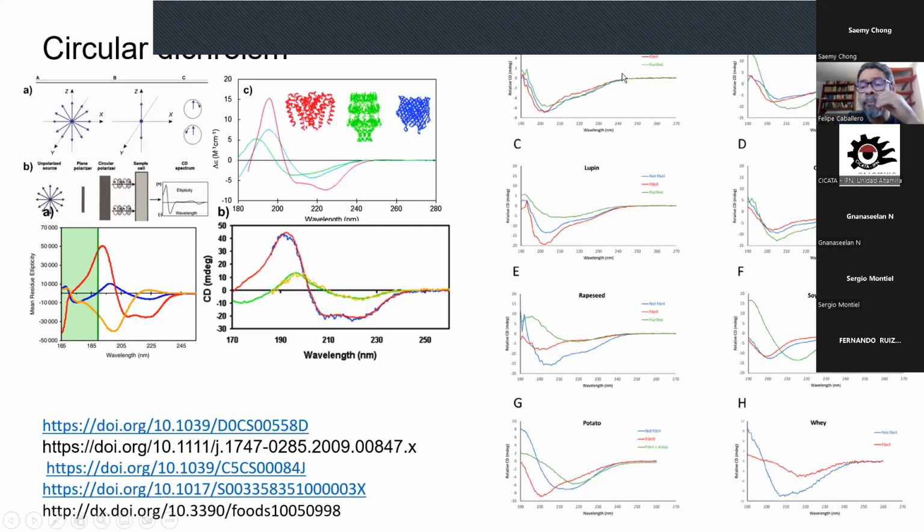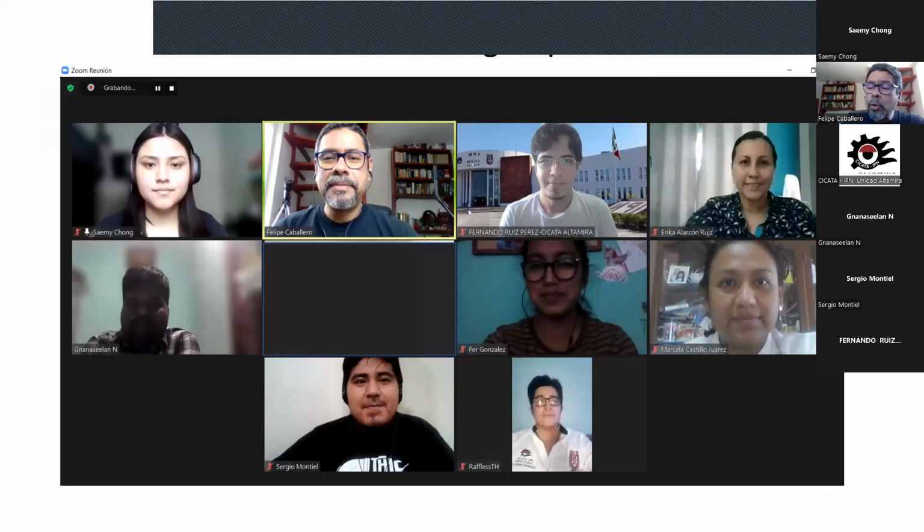We just discussed the different plants that are used as protein sources in plant-based materials, such as oat, soybean, potato, whey, mung bean, and they have different contents of fibril and non-fibril structures, as you can observe here in the differential circular dichroism response. And this is all from the characterization techniques we have reviewed in this paper.